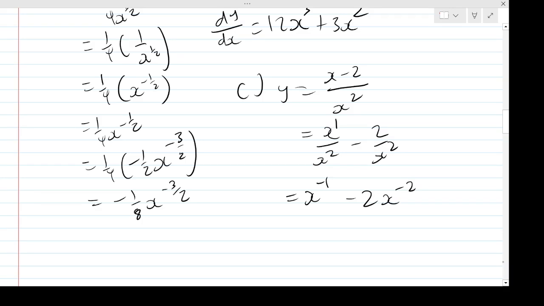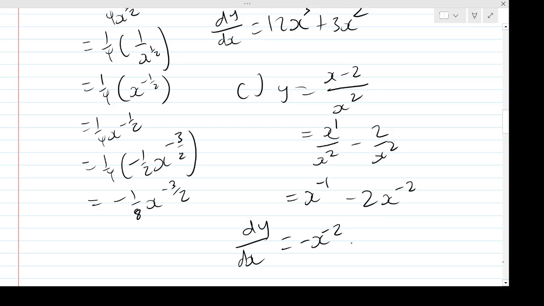Now these terms are in the form x to the n. We just have a power of x. Now we can differentiate. We bring the minus 1 to the front, so that'd be minus x. Then minus 1 and knock another 1 off, that'd be minus 2.